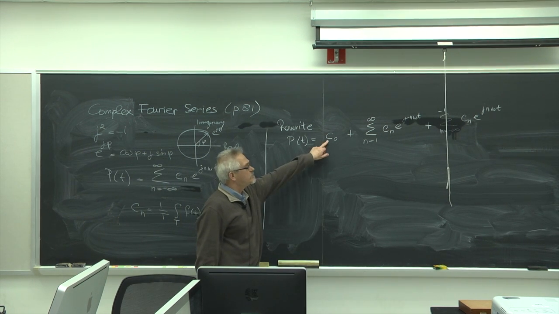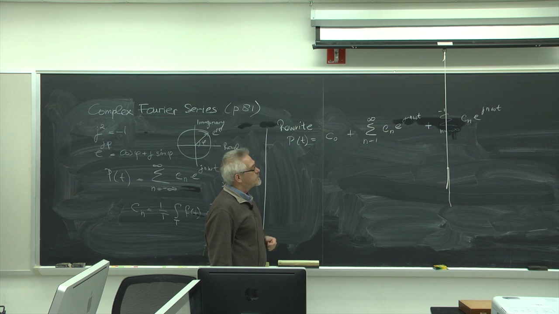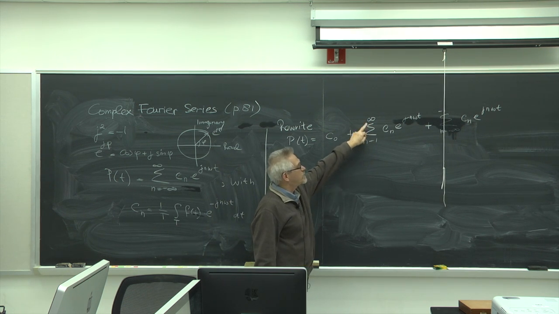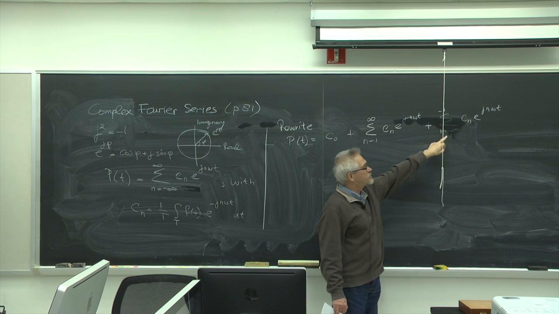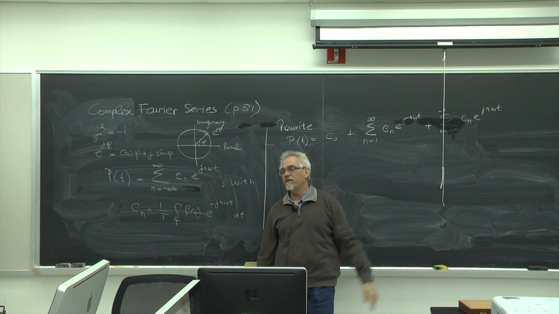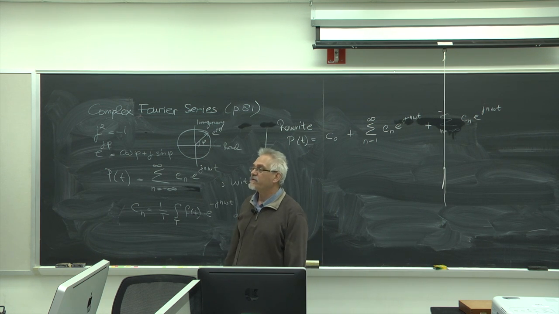The c naught term, where n is 0, and then the part that goes from 1 to infinity, and the part that goes from minus infinity to minus 1. So I basically cover the same area. I just rewrote it in 3 separate terms.